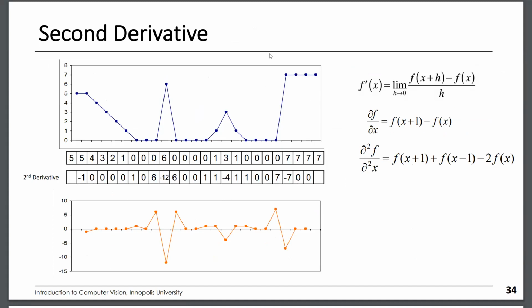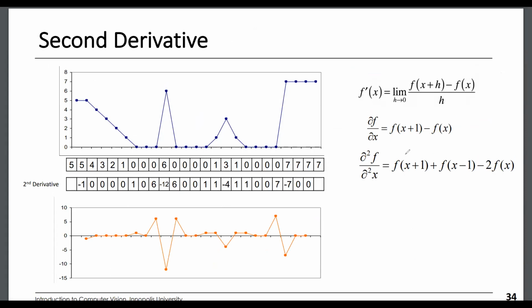Now, a very important note: don't derive the first and then make the second derivative from it. You can calculate basically how it would look like.